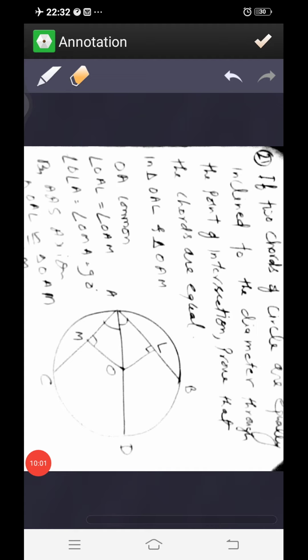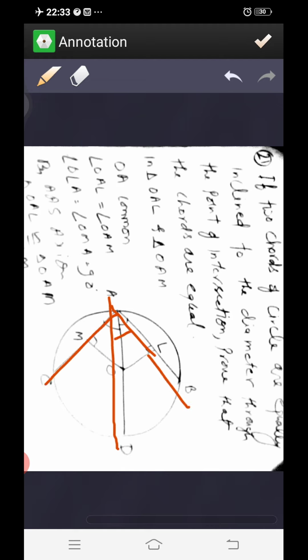Let us take question number 21. If the chords of a circle are equally inclined to the diameter through the point of intersection, prove that the chords are equal. So we can see here AD is the diameter and two chords are drawn which make equal angles.